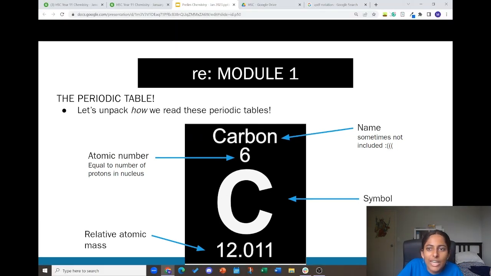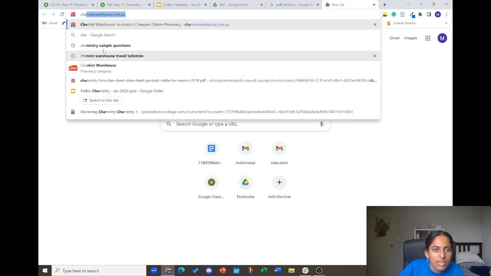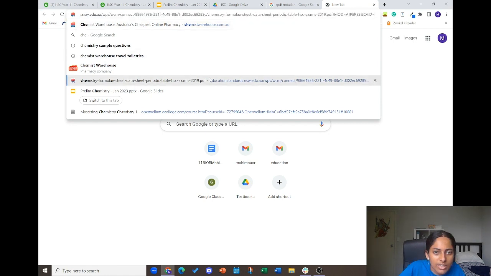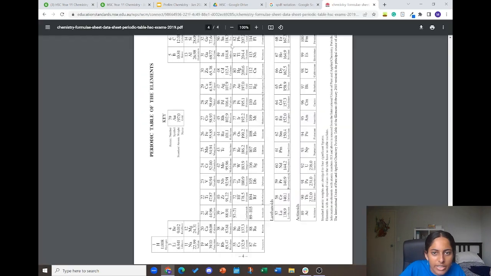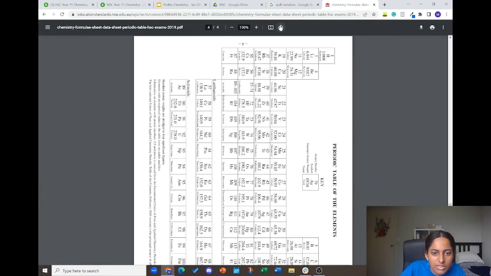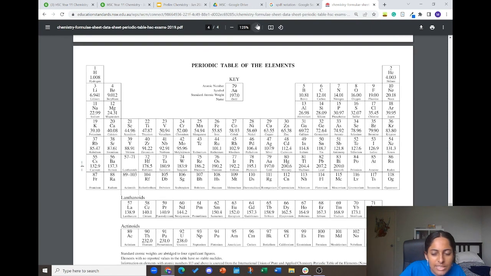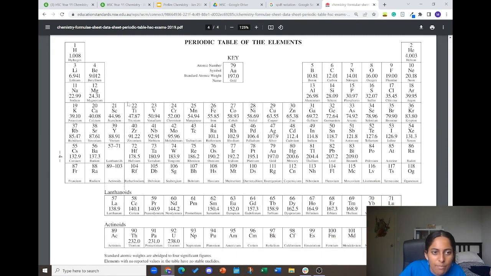But if I look at the periodic table that we have over here, if I just rotate this, this is the HSC periodic table.